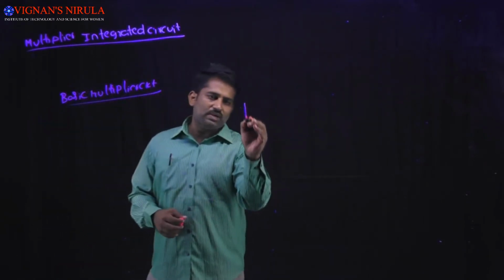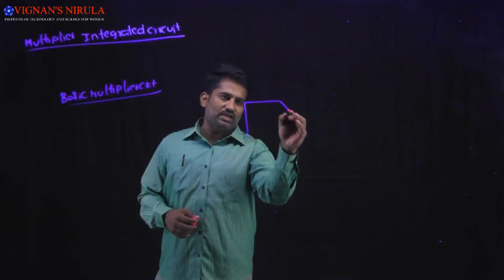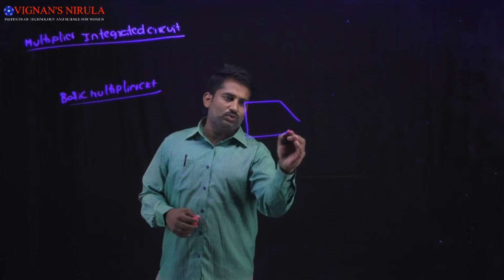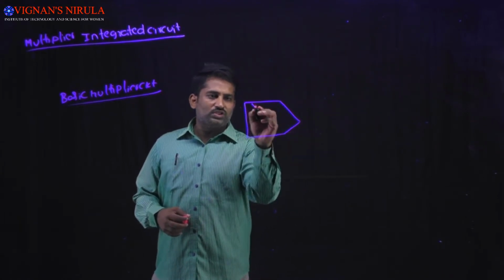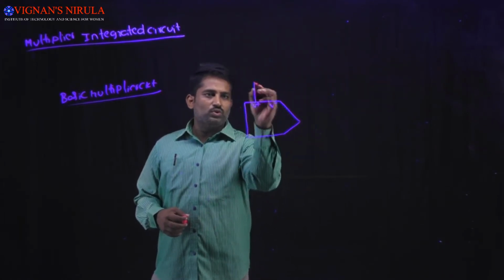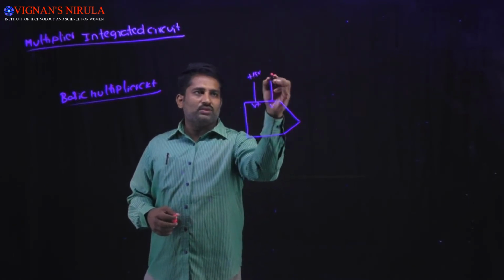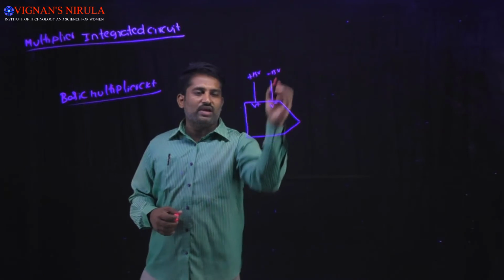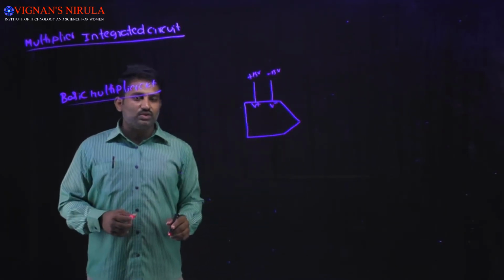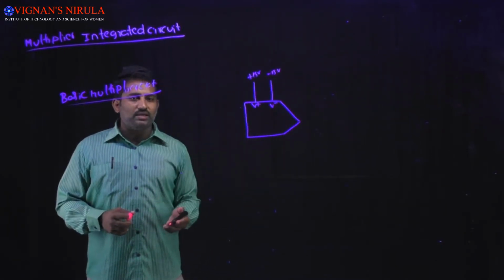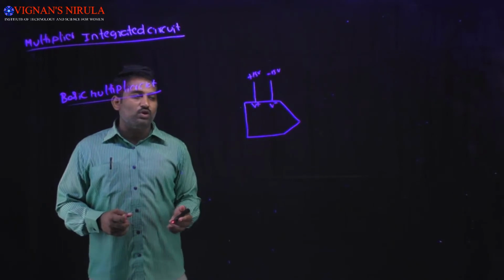The basic multiplier circuit is an active circuit which requires dual supply, as is needed for integrated circuits. Generally we apply plus or minus 15 volts.